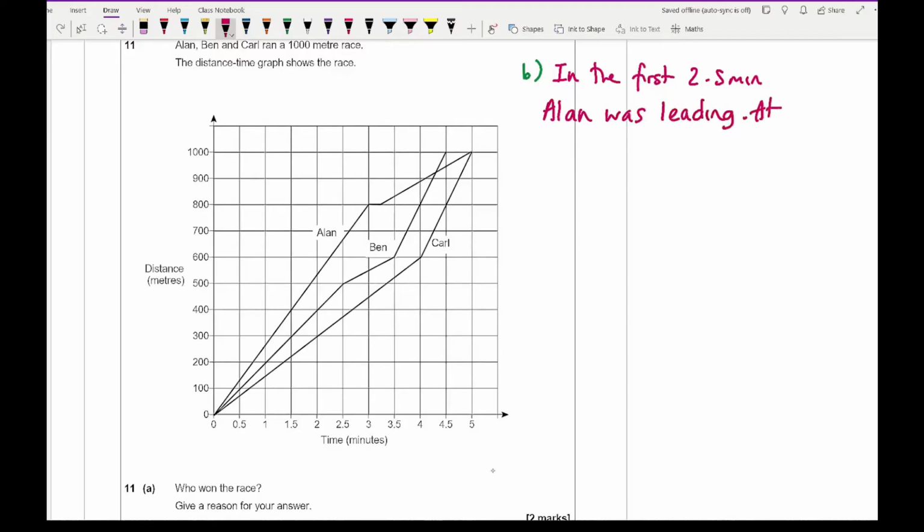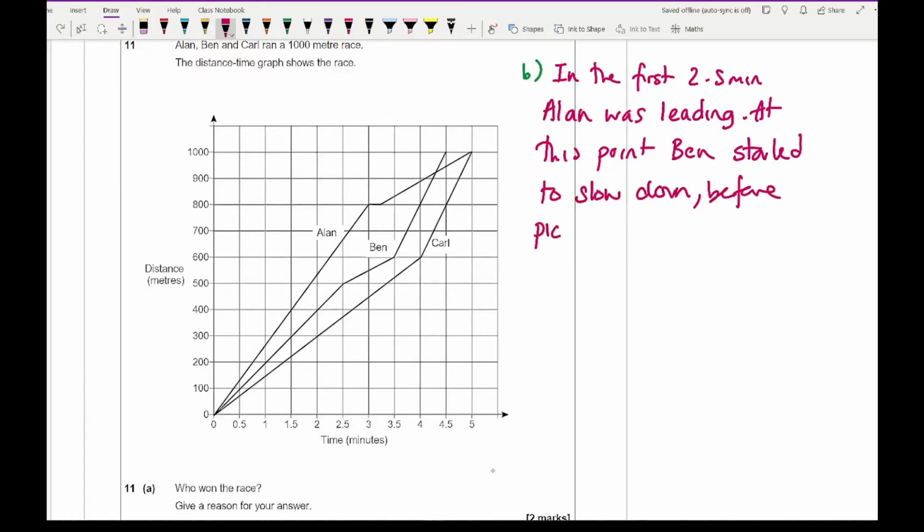At this point, Ben started to slow down before picking up the pace, and he picked up the pace after 3.5 minutes.